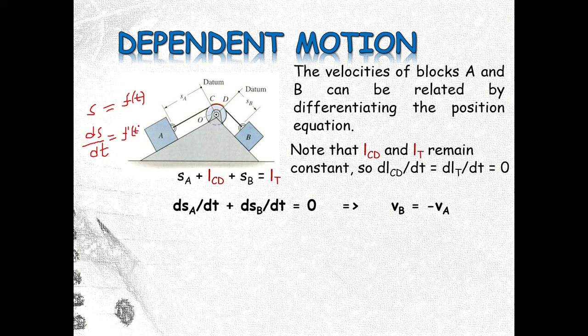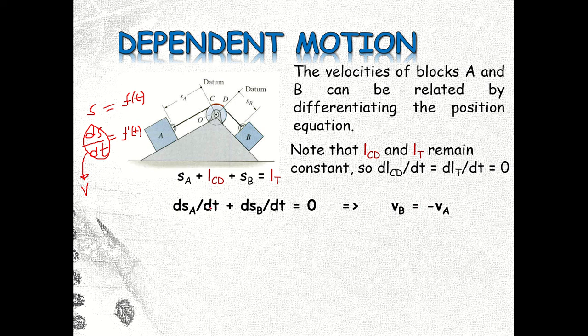And you know that f prime of t, the derivative of the position, is equal to velocity. So that's why we have this here.